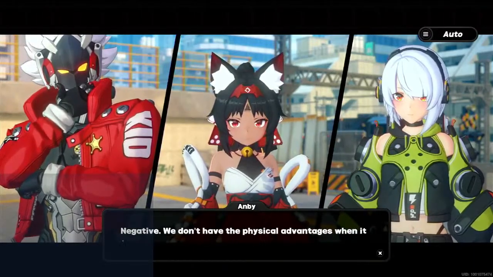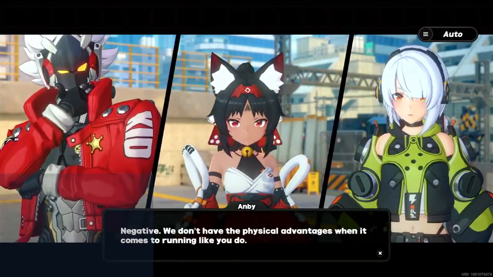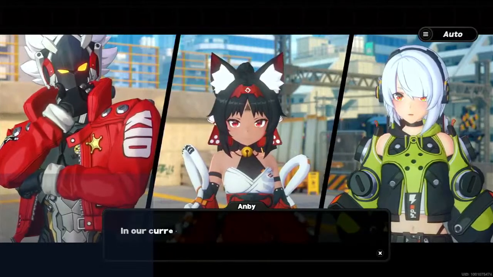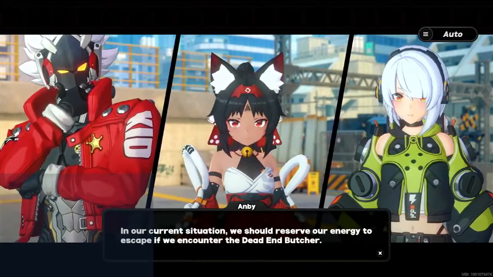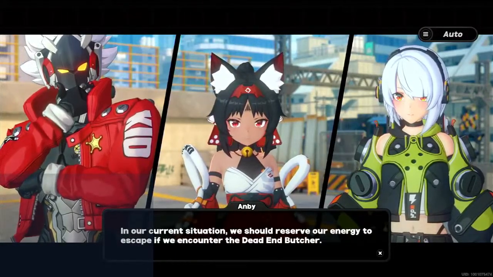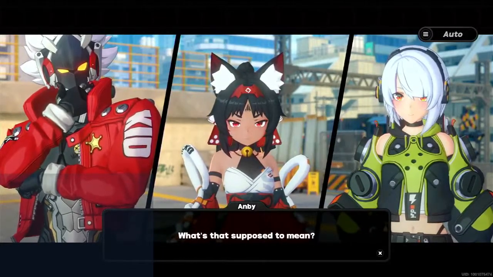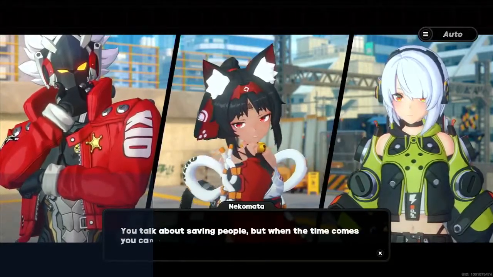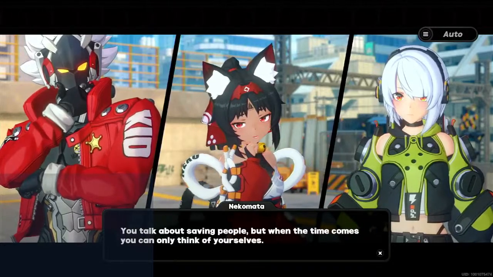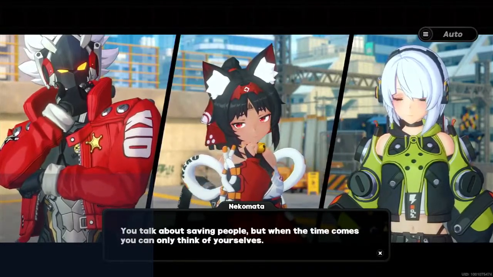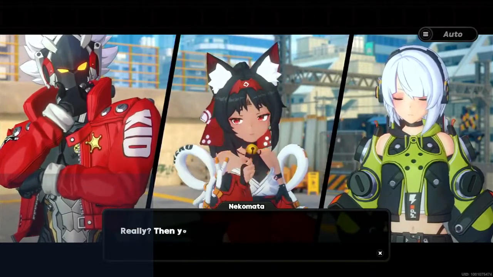Negative. We don't have the physical advantages when it comes to running like you do. In our current situation, we should reserve our energy to escape if we encounter the dead-end butcher. What's that supposed to mean? You talk about saving people, but when the time comes, you can only think of yourselves. That's not true. Really?